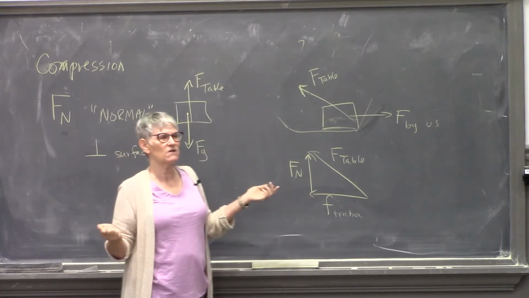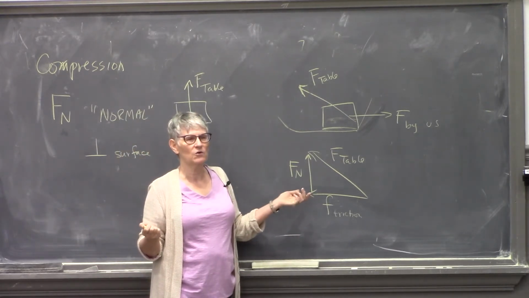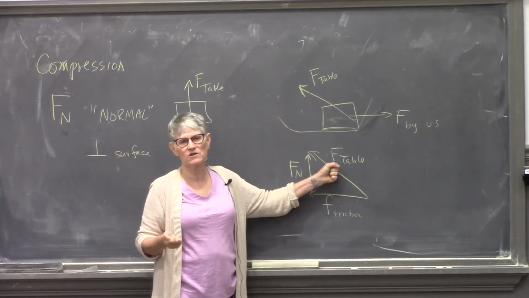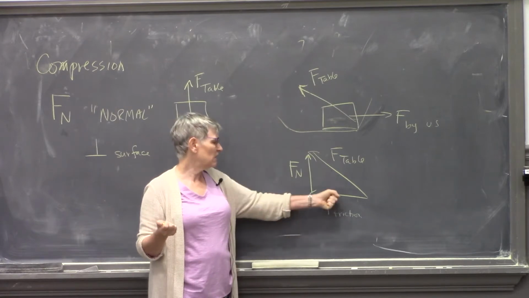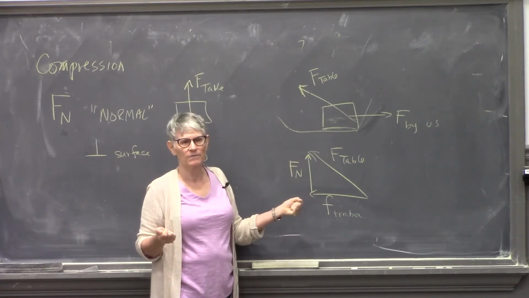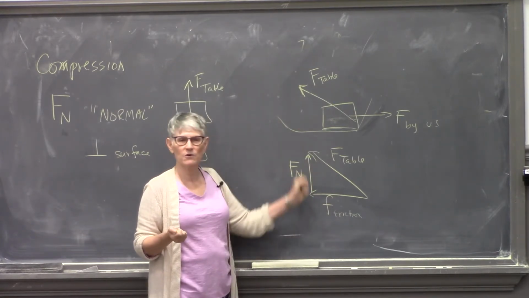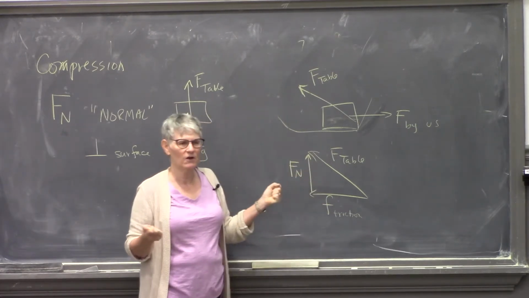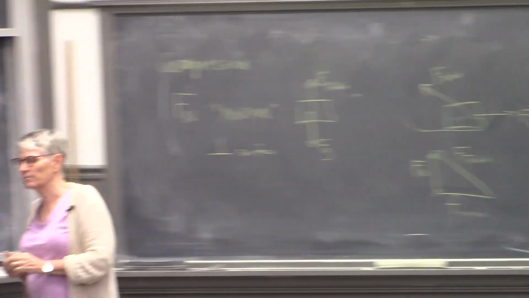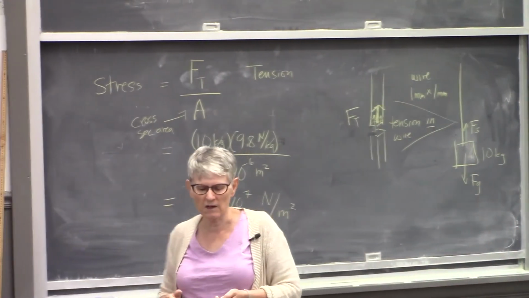And we can do that. It's just a mathematical move, really. We're just saying we can always express a vector as the sum of two other vectors. And it's convenient to do it this way because then we have one force that's perpendicular to the table and one force that's parallel. So it's a convenient move in analyzing it.